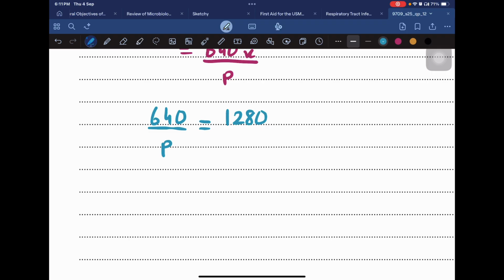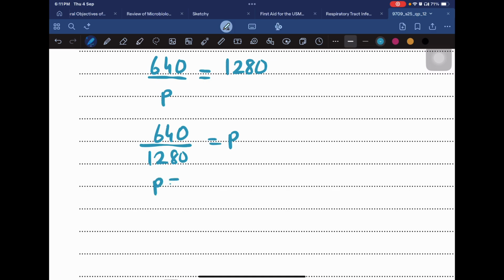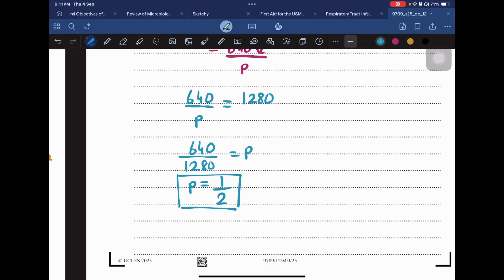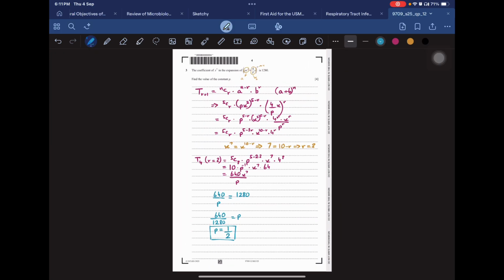Now if we try to solve for p, 640 upon 1280 equals p. So p will be equal to 1 upon 2. I hope this question is clear to everyone.